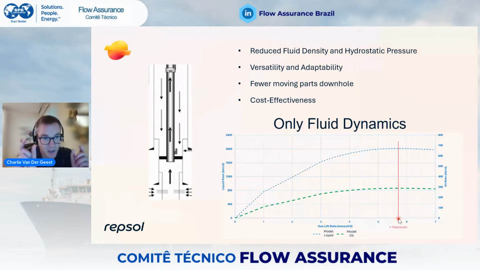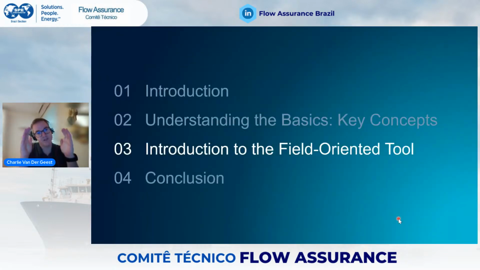Obviously, you have limitations on your gas lift valves in your system. 5.7 is quite high. You usually have 3, 4, I don't know, it depends on the system. But anyway, the point is you will try to maximize your flow rate, right? So this is what you would like to do, and these are predictions by classic models of fluid dynamics, multi-phase flow systems.